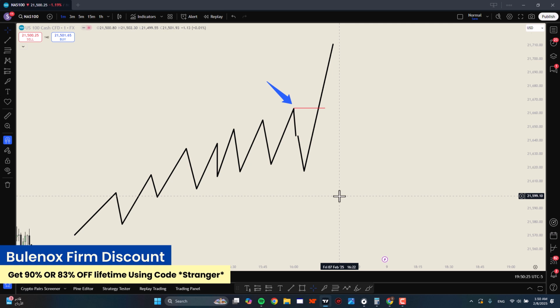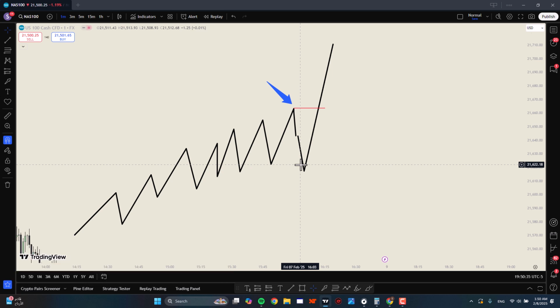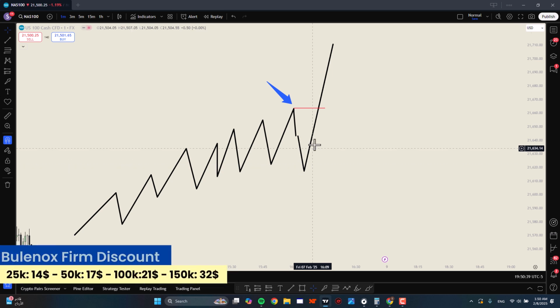Sometimes you will see choppiness at 9:30, but most of the time you will see a direct move. And with the first step and the second step, we can ride that directional move, also based on where we put our sell stop or buy stop order.